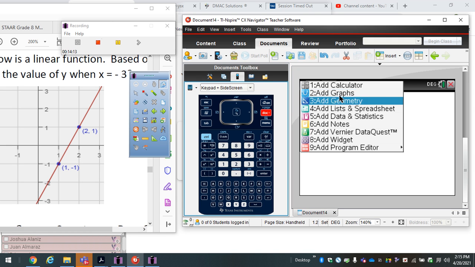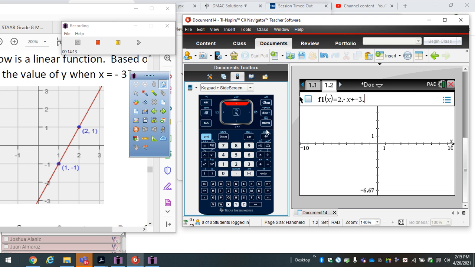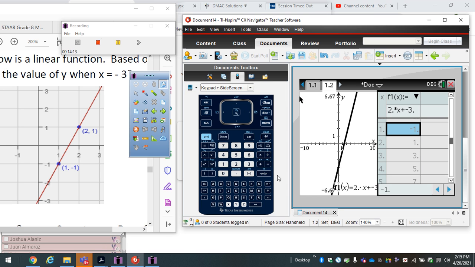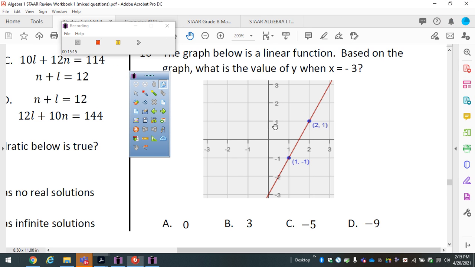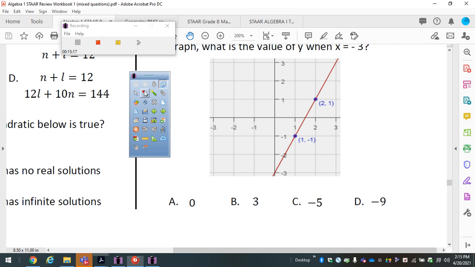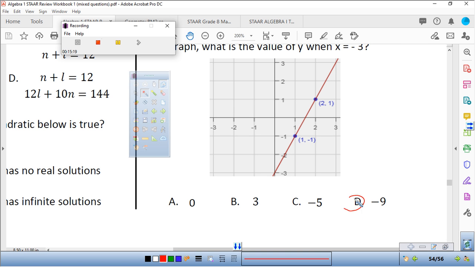So come here and use the graph. I'm going to go Control T. Go find out when x is a -3, y is a -9. It's asking, right? When x is a -3, what's your y value? -9. Now, you can do it this way too. It's not too bad.